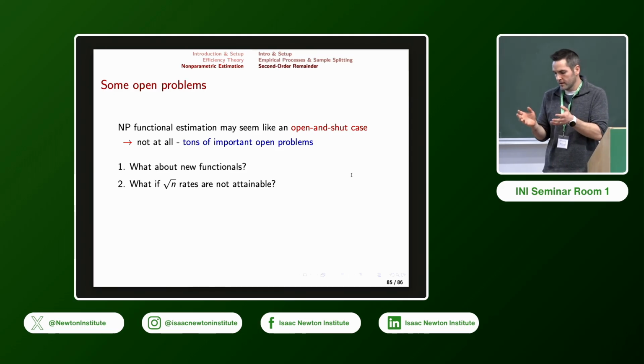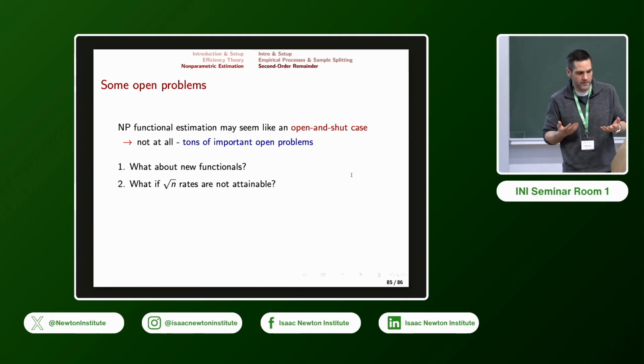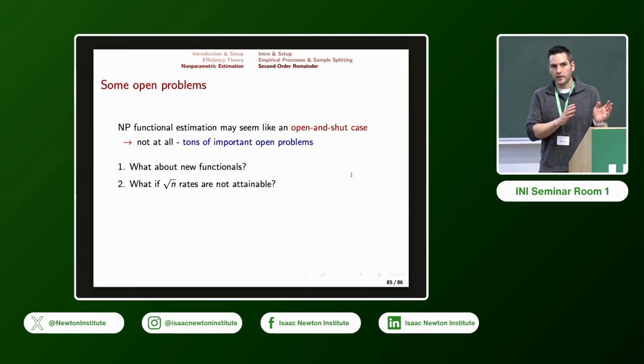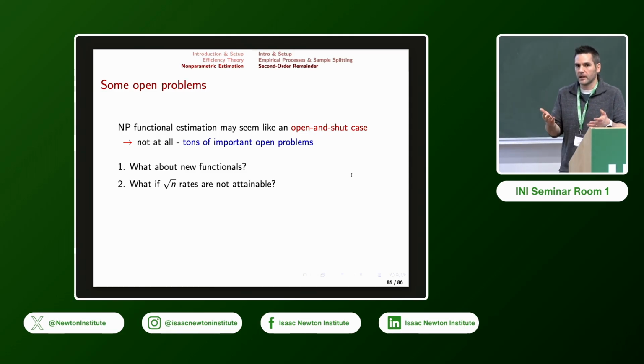Maybe I'm not willing to assume enough sparsity or enough smoothness or enough structure to say that term is small enough. Then these estimators may not be root n consistent, and it's no longer clear whether you could have done something better or not. This tells you that you can't beat root n, but you don't know if, when this estimator fails, there's something more clever you could have done that could have been root n consistent.